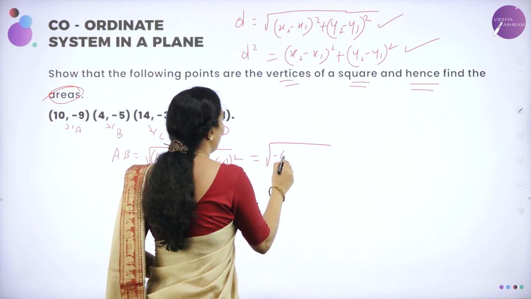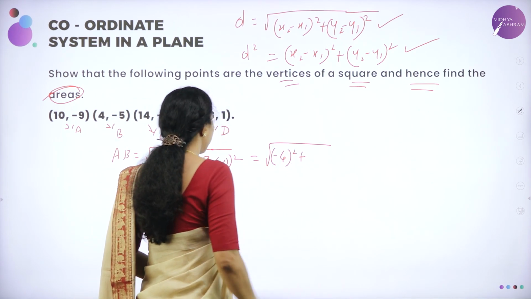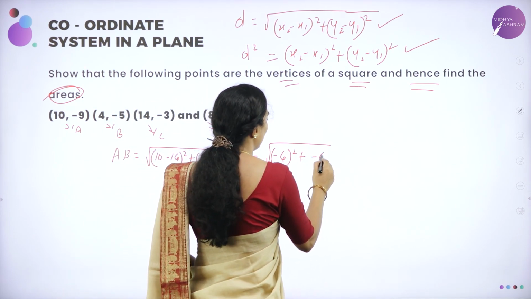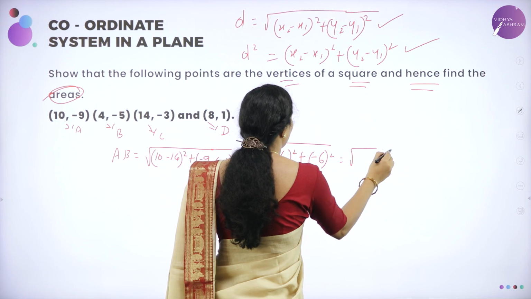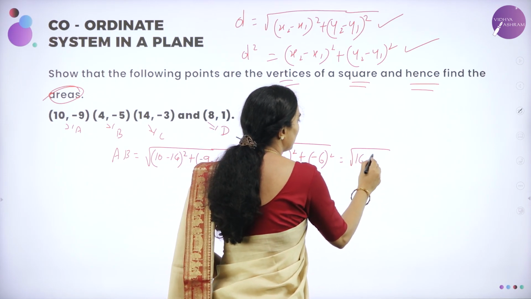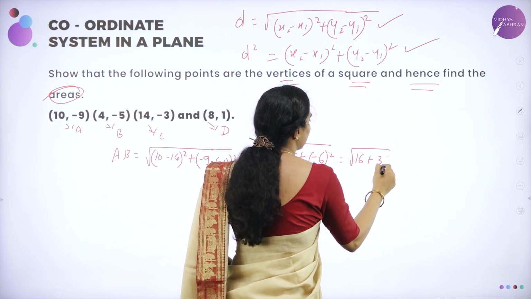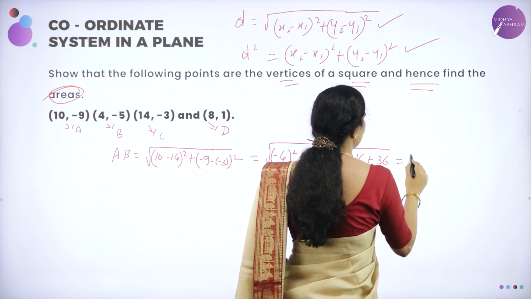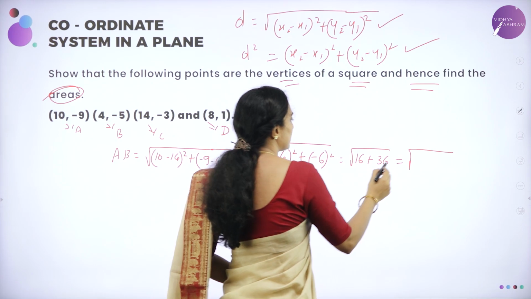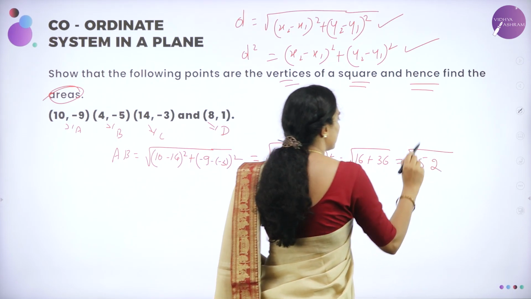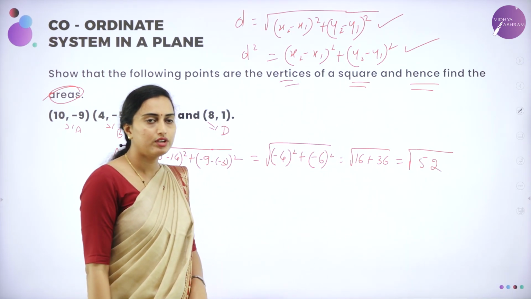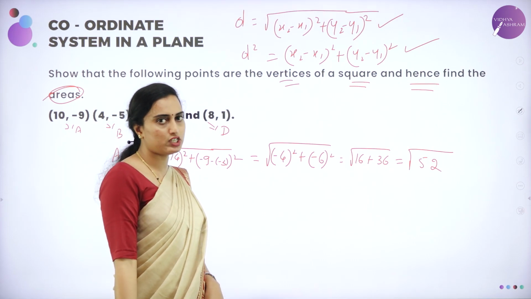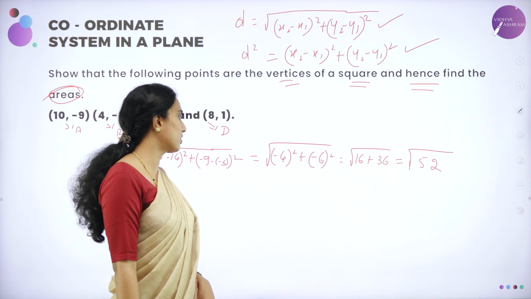So minus 4 whole squared plus minus 9 plus 3, which is minus 6 whole squared. Minus 4 whole squared is 16 plus 36, so the answer is the square root of 52, correct? Square root of 52 is AB, or AB squared is 52.